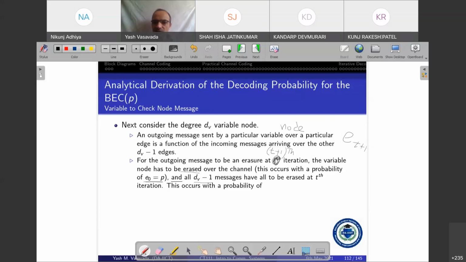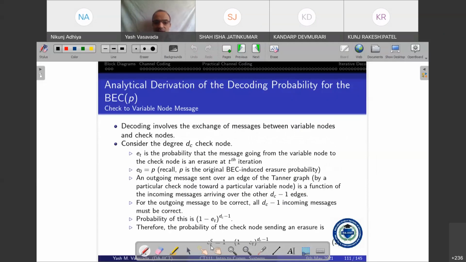But E of t plus 1, how can I write it mathematically, given that this is the case? Remember, the probability that any one of these dv minus 1 messages is erased at the tth iteration, we have already derived on the previous slide.